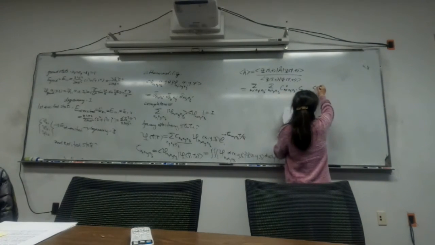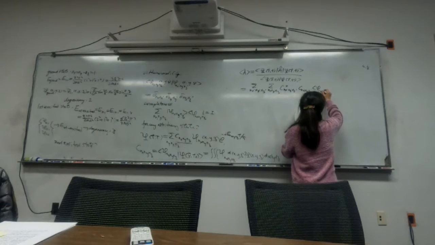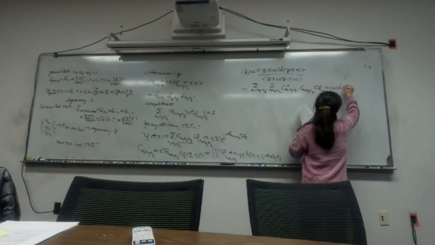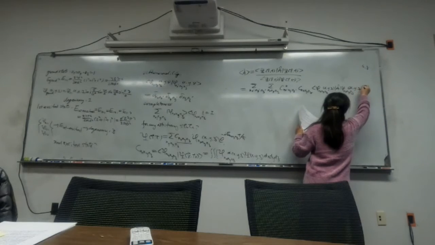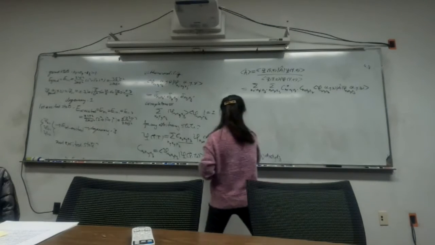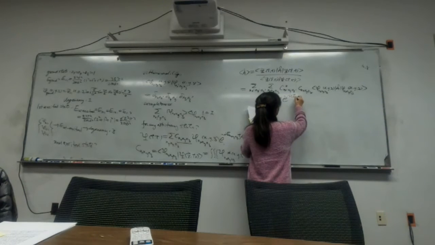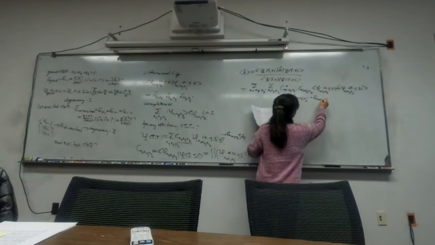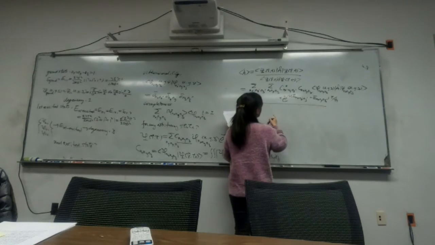Then the remaining part is the sandwich between the eigenstates in x, y, z. There's a term here, right? Multiply exponential of minus i, E nx prime ny prime nz prime minus E nx ny nz, times t. Then the denominator.